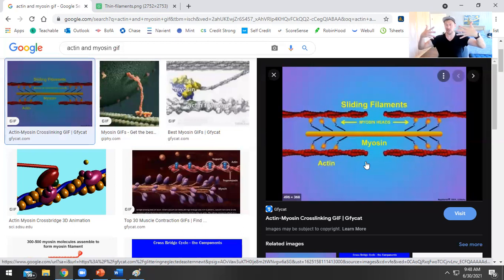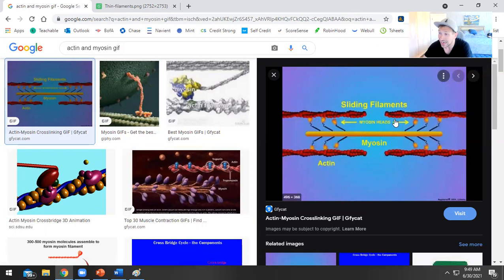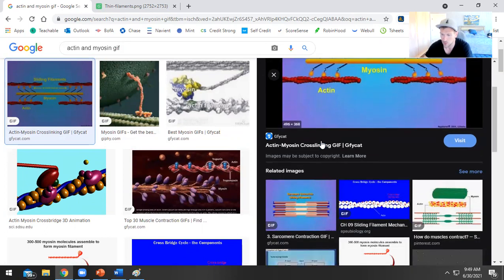And you can see the muscle is shortening, sliding across each other. That is the sliding of the sliding filament theory, or sliding filament model, that those two scientists both discovered on the same day. They both determined that there are proteins that are sliding that are causing our muscles to contract.